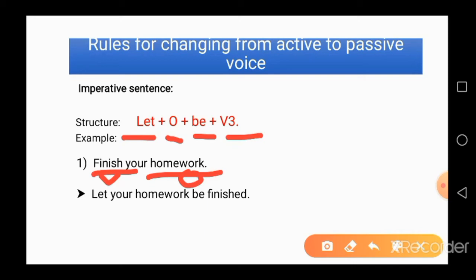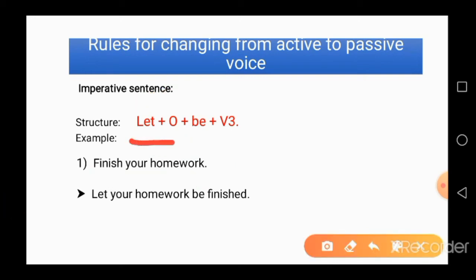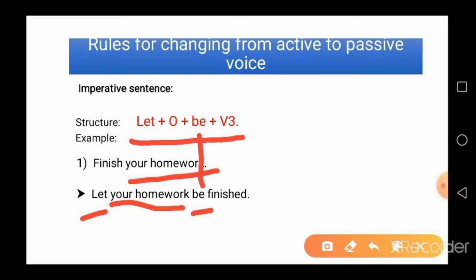So, when you change such types of sentences into passive voice, use this format. The format is let plus object plus be plus V3. Use the word let first and then the object. In this sentence, the object is your homework. After be, and finally, the third form of the verb.